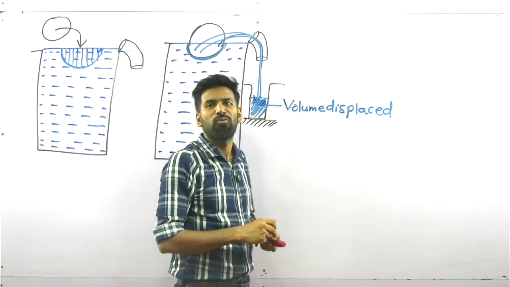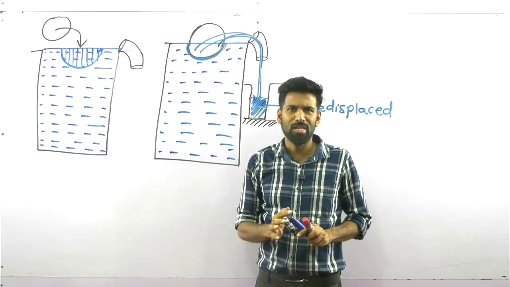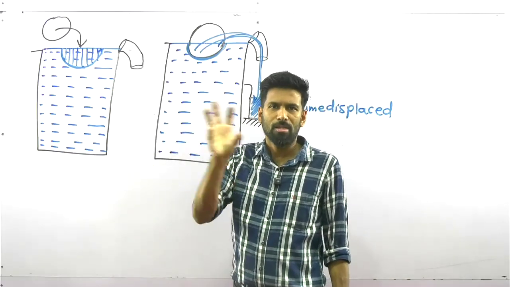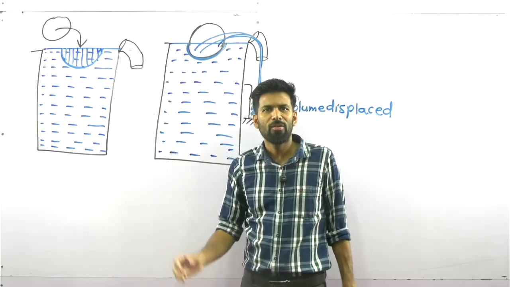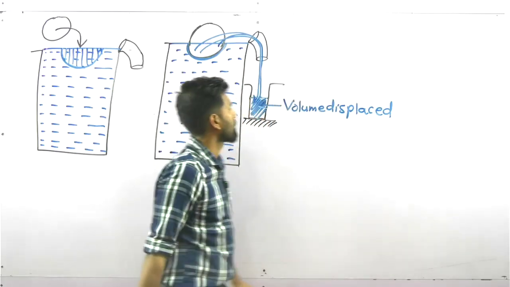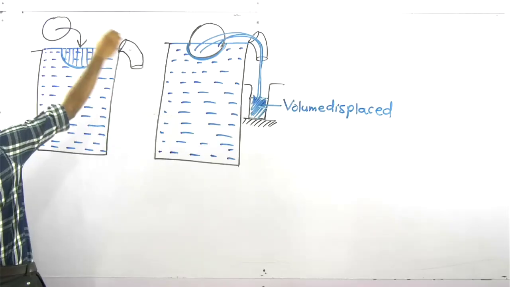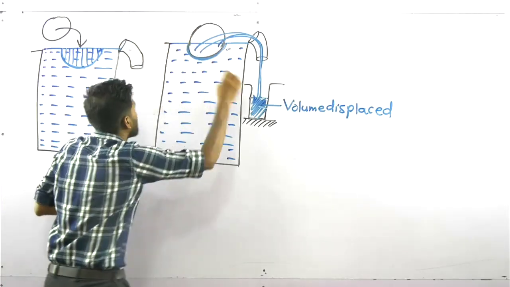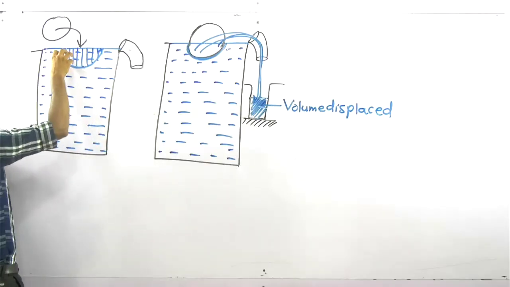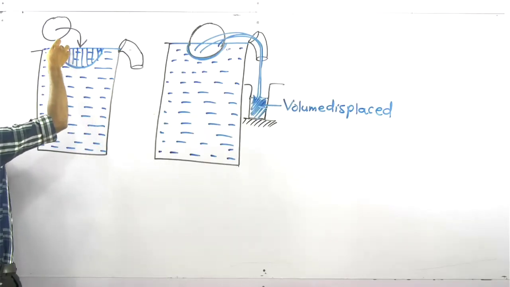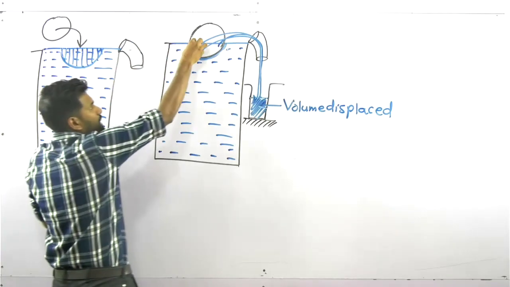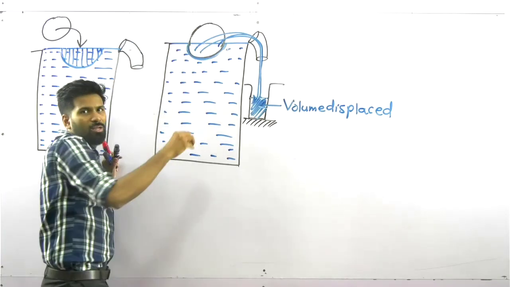When an object is fully or partially immersed inside a liquid, a certain volume of liquid will be displaced. When the object comes to live here, take this hypothetical border. The liquid molecules which are inside this hypothetical border, now that space is taken by the object.